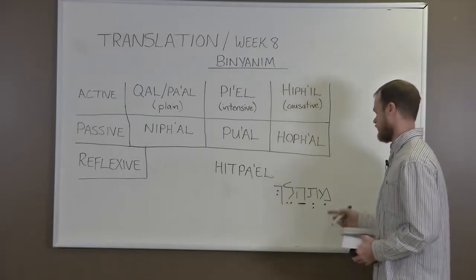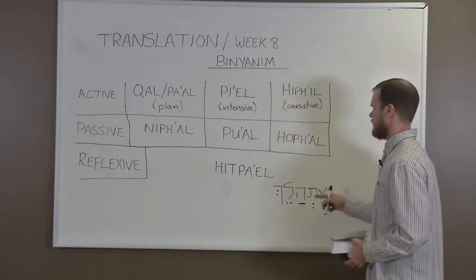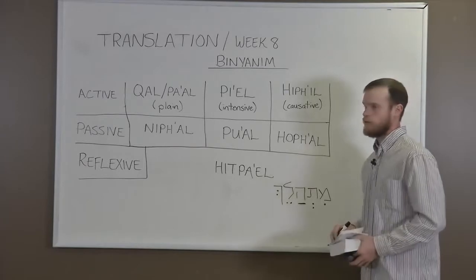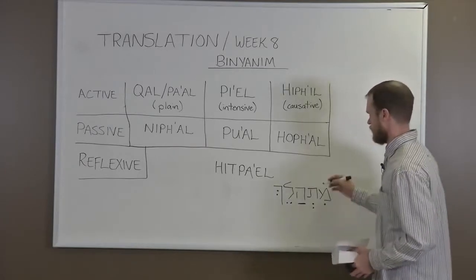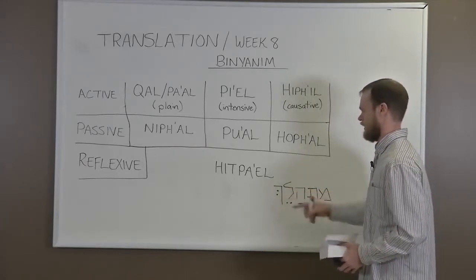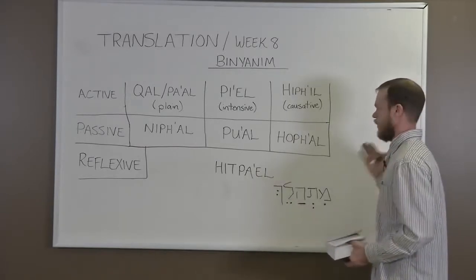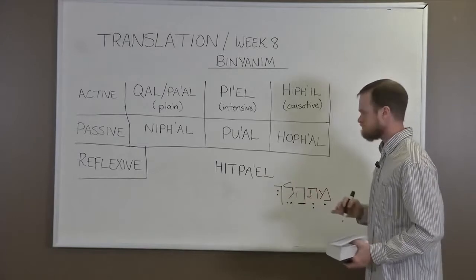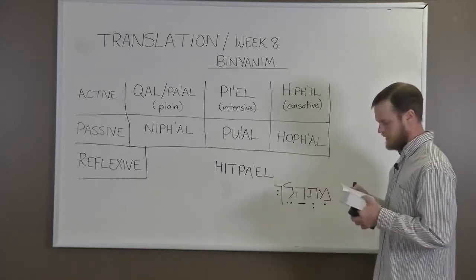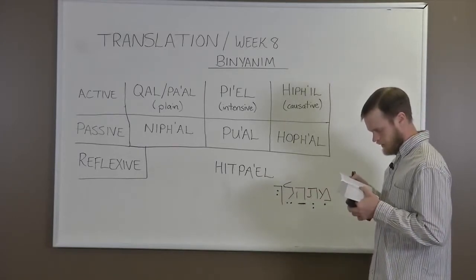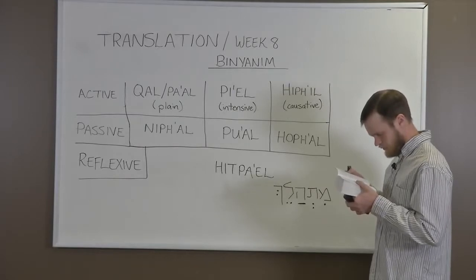So they heard the sound of Yahweh God mithalech, walking back and forth. The root here is halach, hei lamed kaf, which means to walk. So conjugated in the hitpa'el, it means walking back and forth.